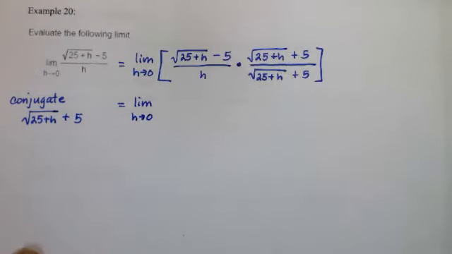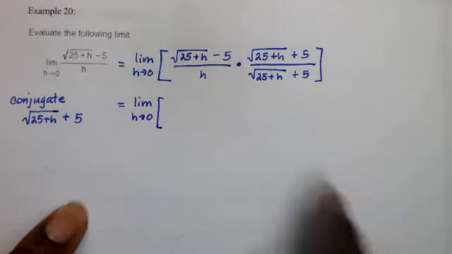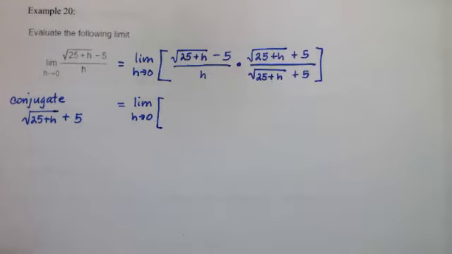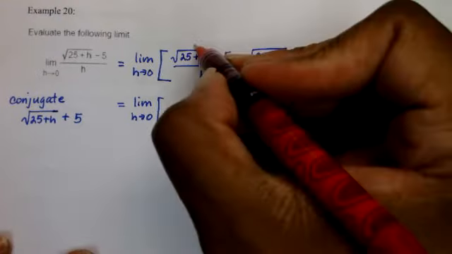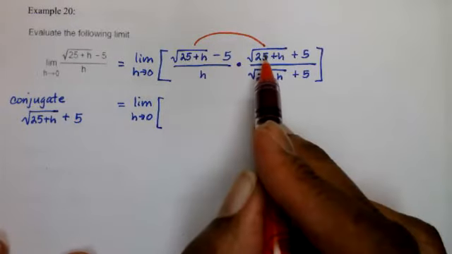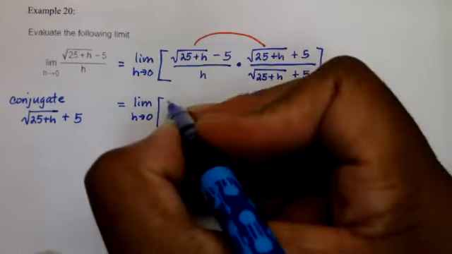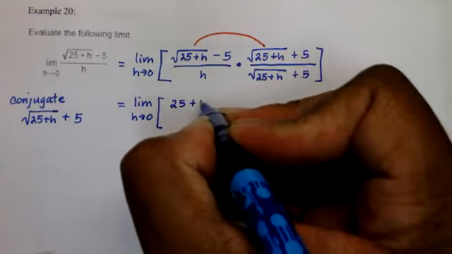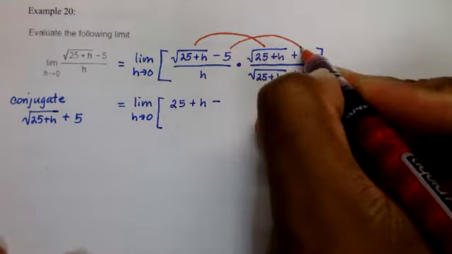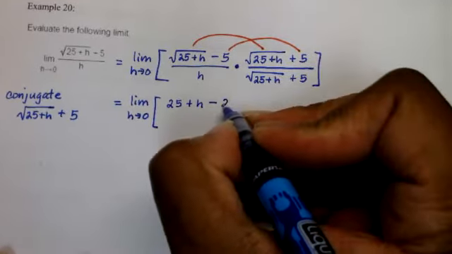So now I got the limit as h approaches 0 of, notice I have conjugates in the numerator and the denominator. One's minus, the other one is plus. So I can do this, square the first term, the square root of 25 plus h, and you square that, it's going to wipe out the radical. So you'll be left with 25 plus h, and then minus 5 times 5, or 5 squared, that'd be 25.